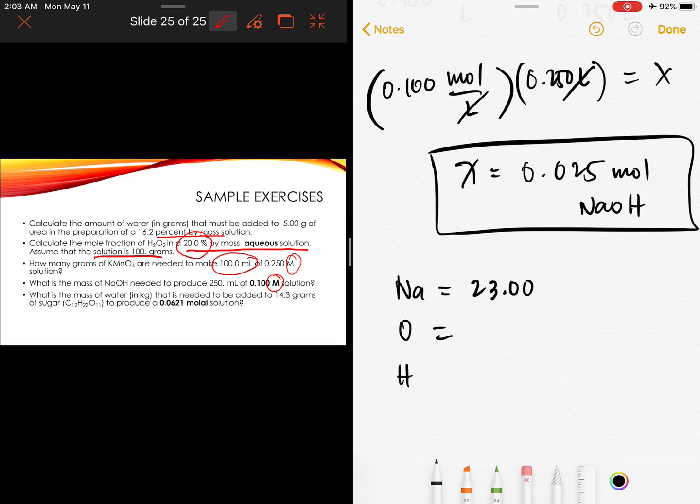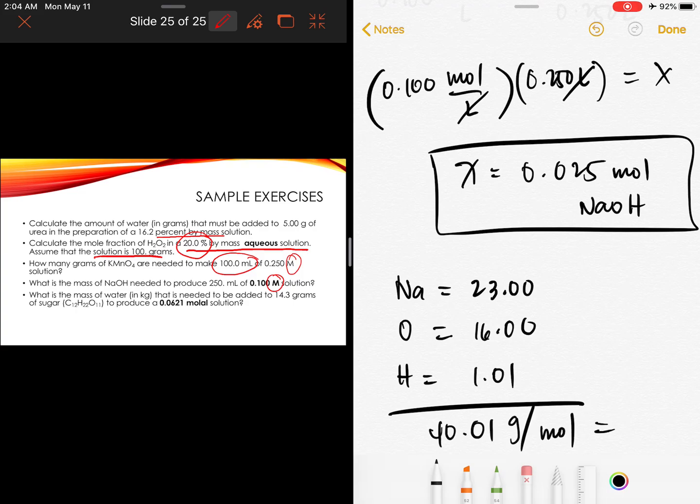If you use 22.99 as the atomic weight of sodium, it's okay, the difference is negligible. Next, oxygen, 16.00, and hydrogen, 1.01. The total is 40.01 grams per mole.